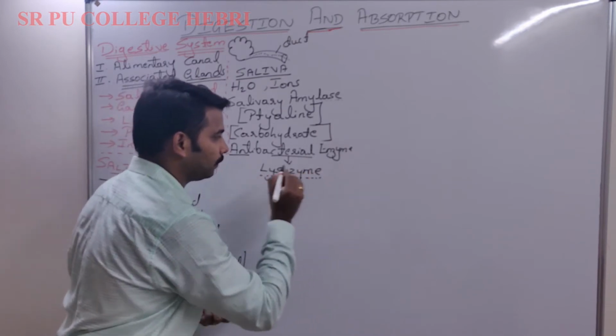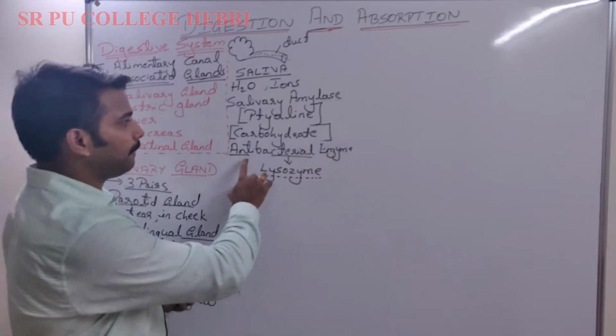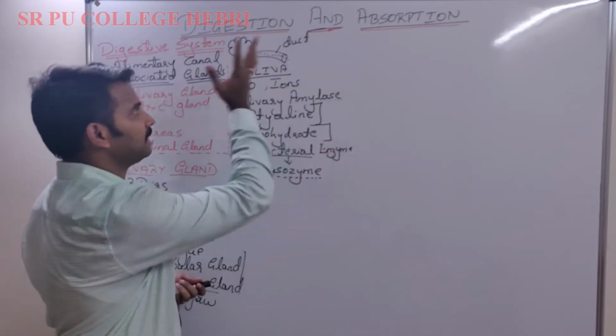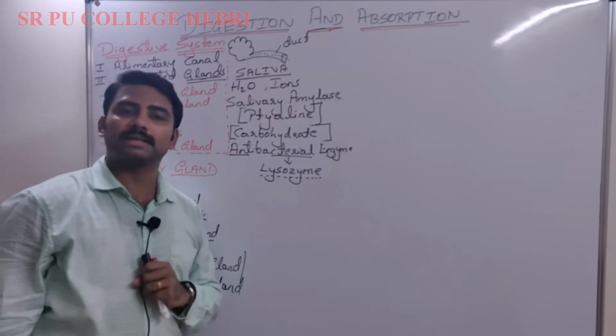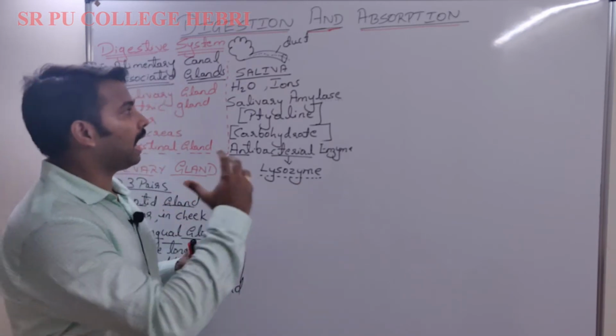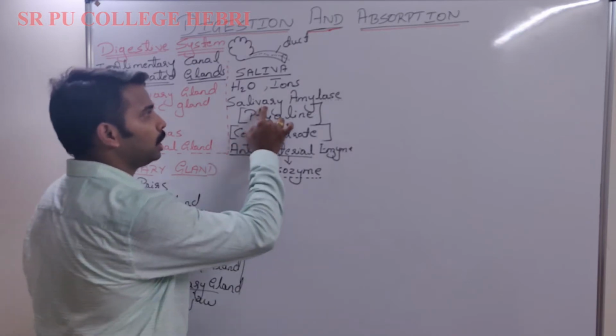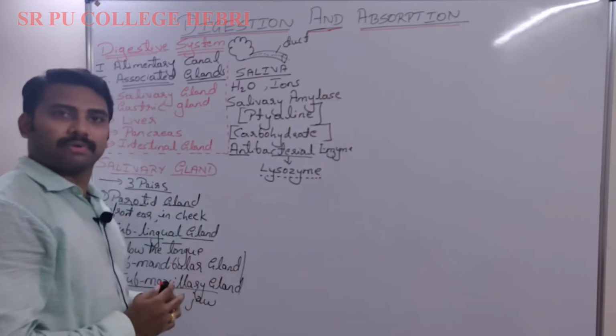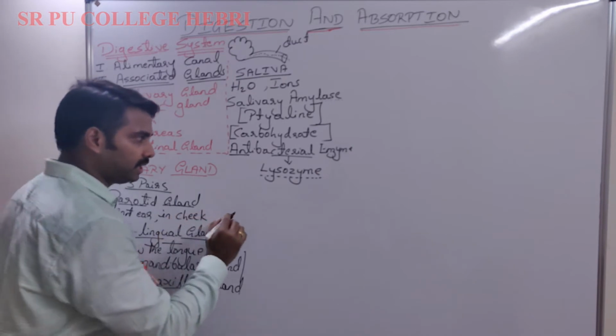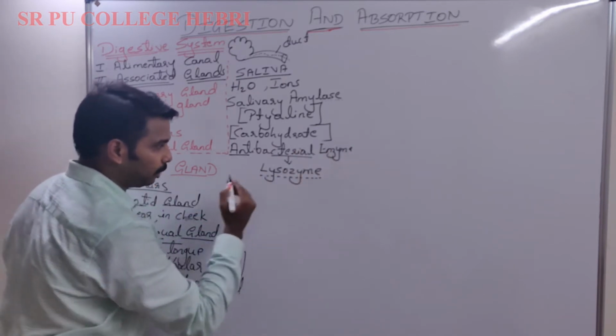Very important. Name the antibacterial enzyme present in saliva. Your answer is lysozyme. Carbohydrate digesting enzyme in saliva. One mark question. Your direct answer is salivary amylase. Along with this, it is a neat question, also appeared question.